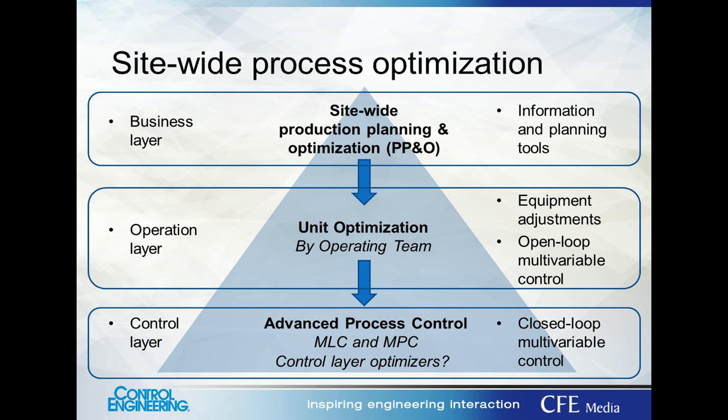This is really the only way optimization can work. However, it raises questions about the role of optimizers in the control layer. Conventional MPC, here in the control layer, incorporates its own built-in optimizers.